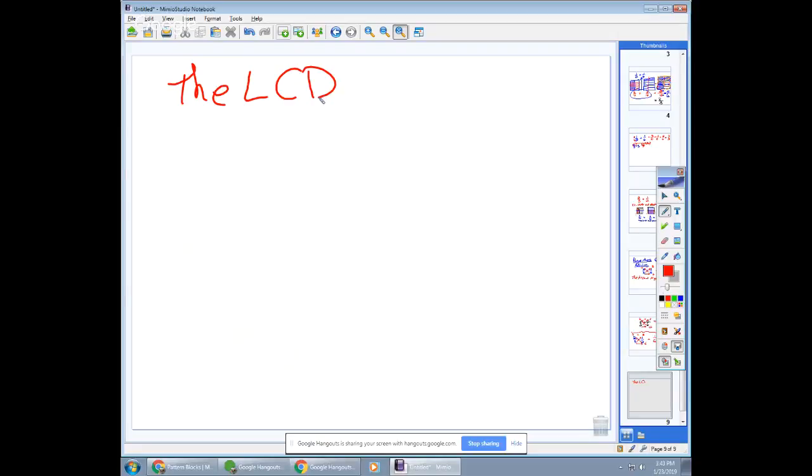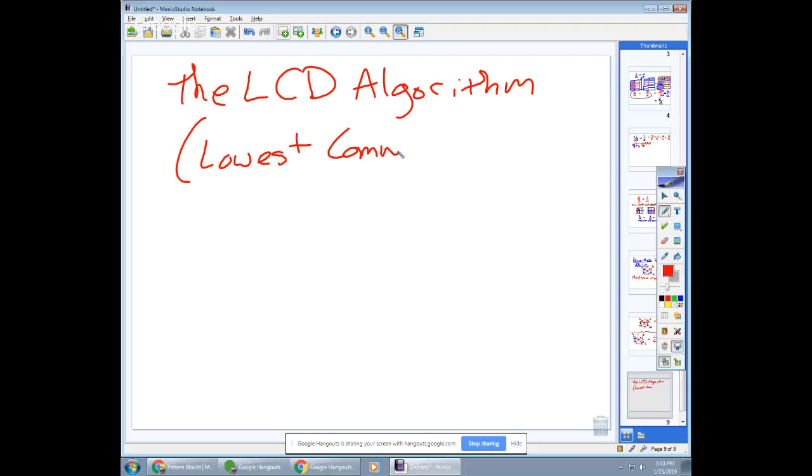The LCD algorithm. LCD stands for lowest common denominator.